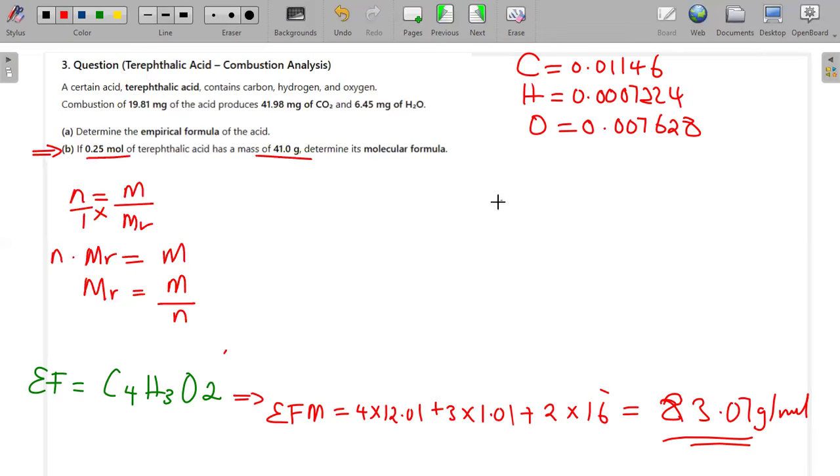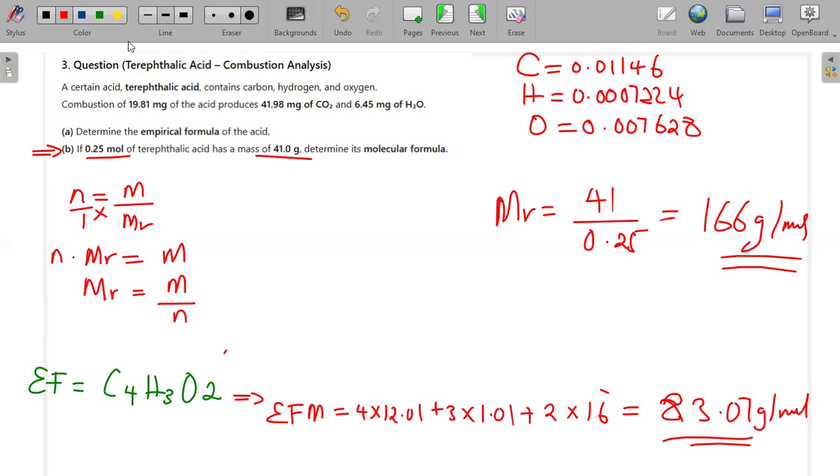So let's find the molar mass. It is equal to the mass, which is 41, divided by the moles, which is 0.25. When I do that, I get 166. So 166 grams per mole is my molar mass.